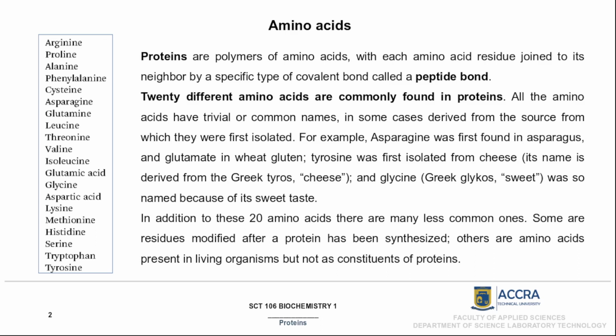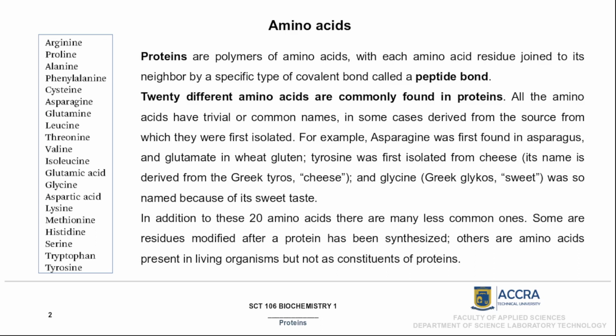Tyrosine was first isolated from cheese, and so its name is derived from the Greek word tyros, meaning cheese. So was glycine, from the Greek word glykos, which means sweet because of the sweet taste of glycine.